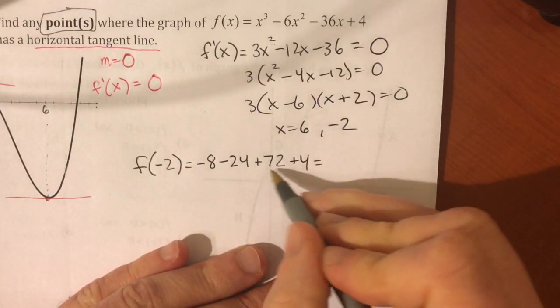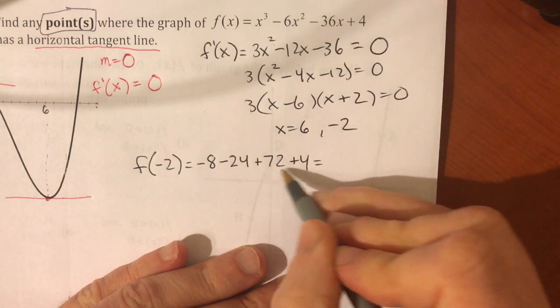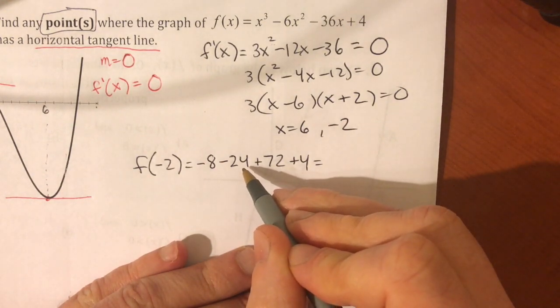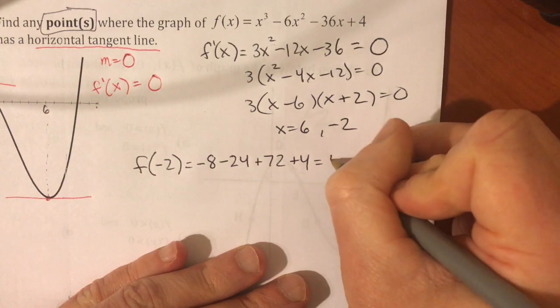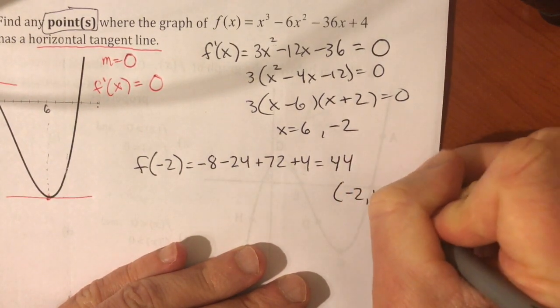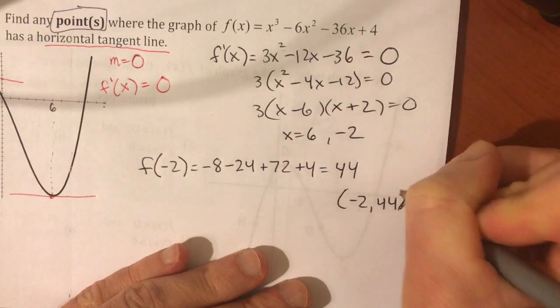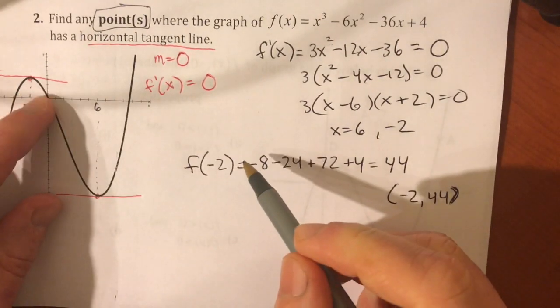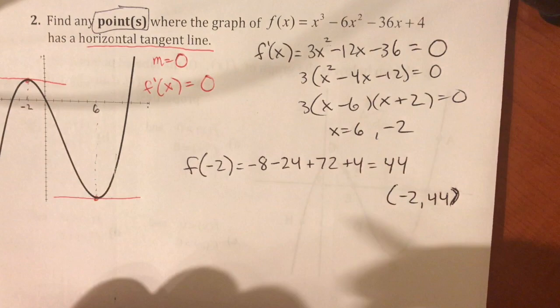If you want to use a calculator, be my guest, but this is 76 minus 24 is 52. 52 minus 8 is 44. So yes, that y coordinate is 44.